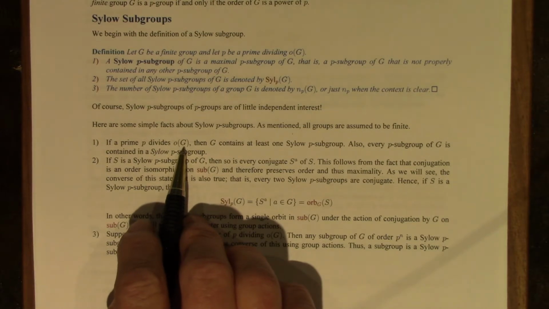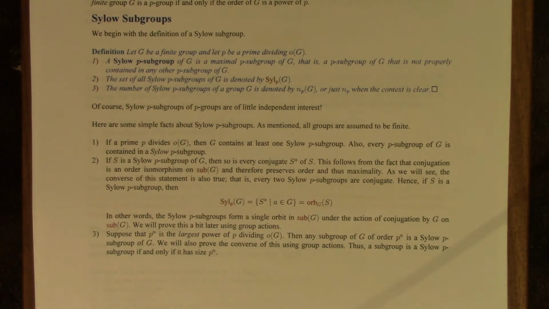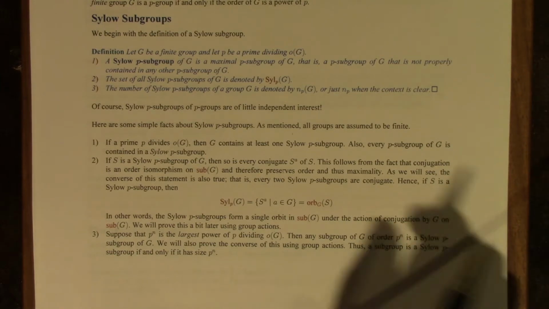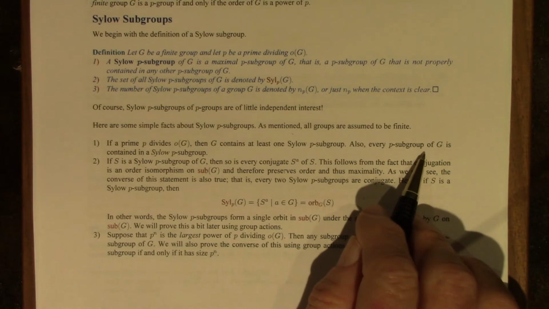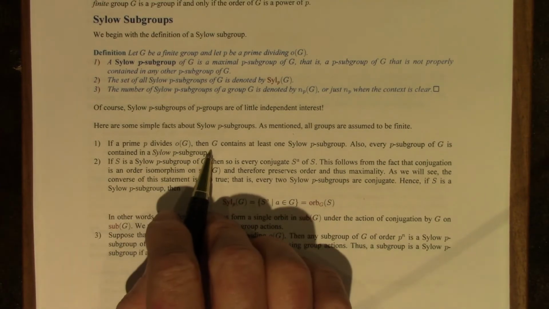It could be maximal. If not, it's contained in a bigger p-subgroup of G, which might be maximal. If not, that's contained in yet a bigger p-subgroup of G, and so on. But if G is finite, that process has to stop. And when it does stop, you will have a Sylow subgroup. The same argument tells us that every p-subgroup of G is contained in a Sylow subgroup.